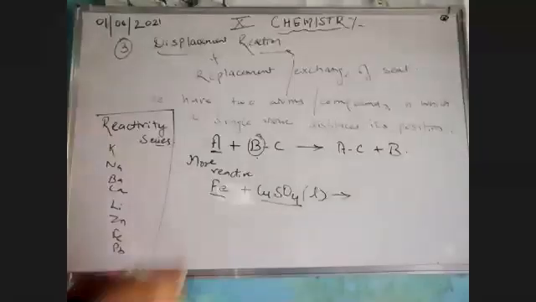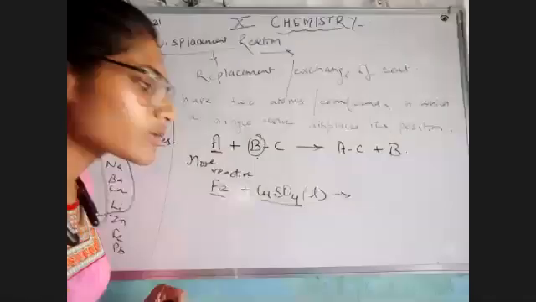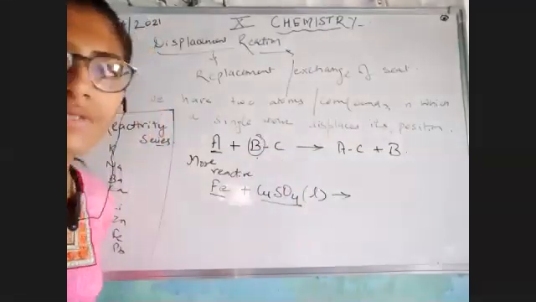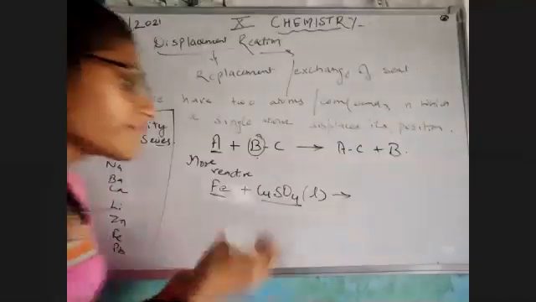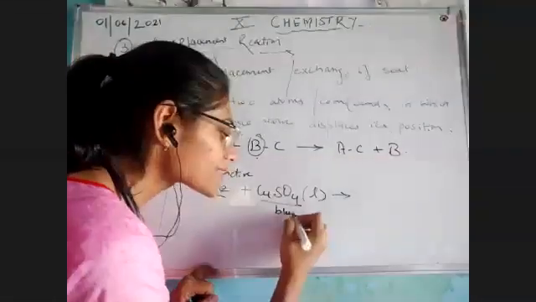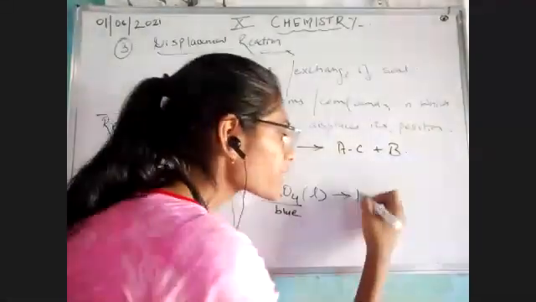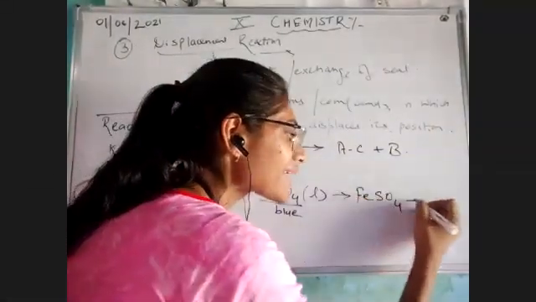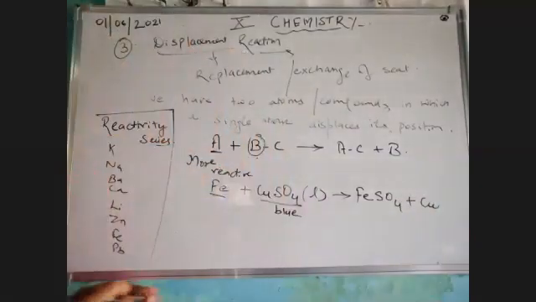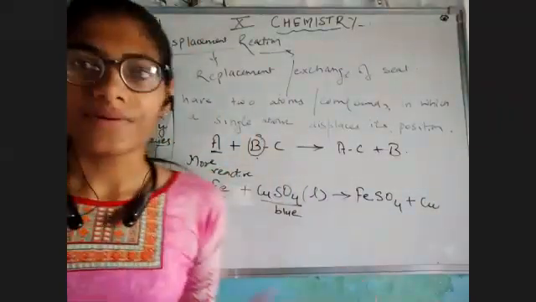Now what happens whenever we take a piece of iron metal and dip it into copper sulfate? After some time the blue color of copper sulfate disappears, it becomes colorless. Why is it happening so? Because iron has replaced the copper. Iron has displaced the copper. Am I clear?